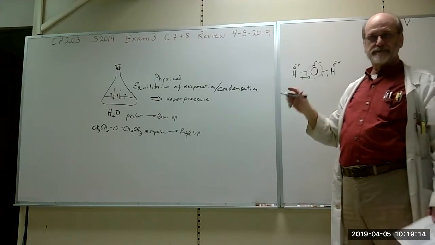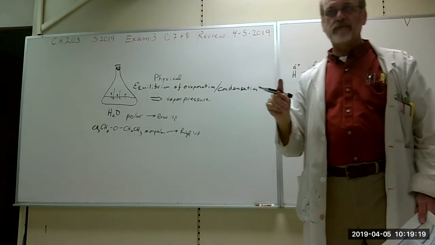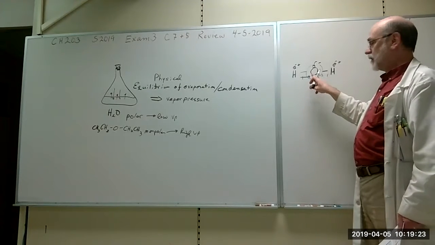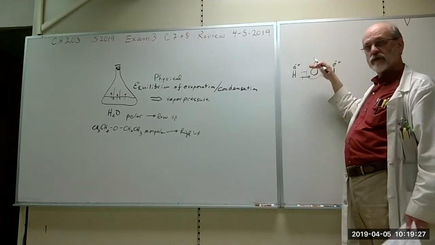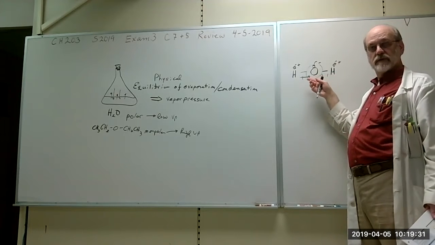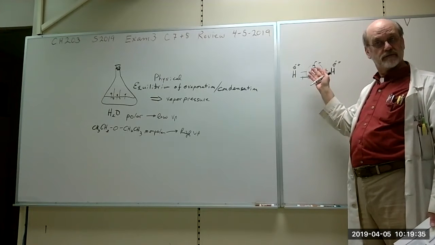Right? That's the first condition. The second condition is shape. What's the shape of the molecule? If water were shaped like this, with hydrogens opposite one another, those dipoles, as we call them, would cancel one another out, and the molecule would be nonpolar.